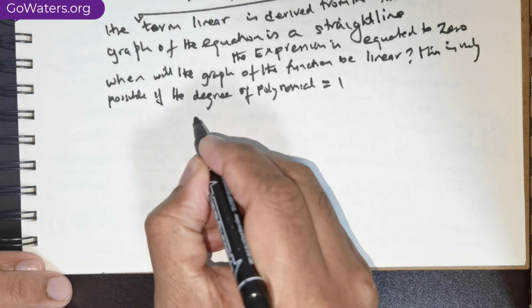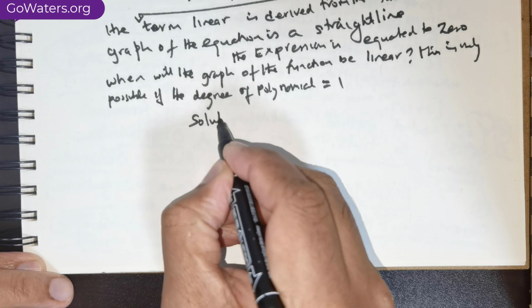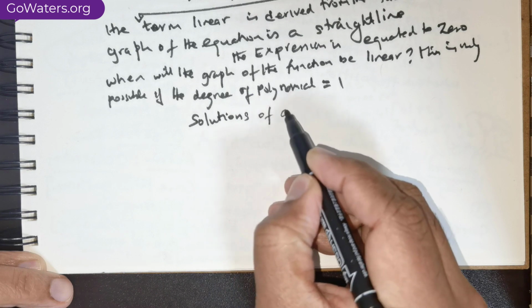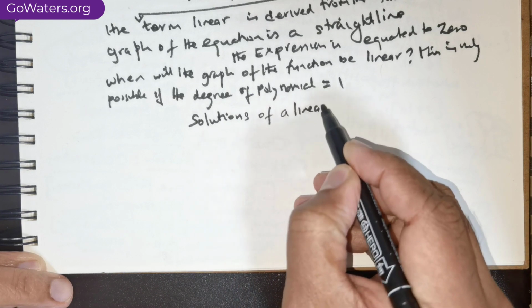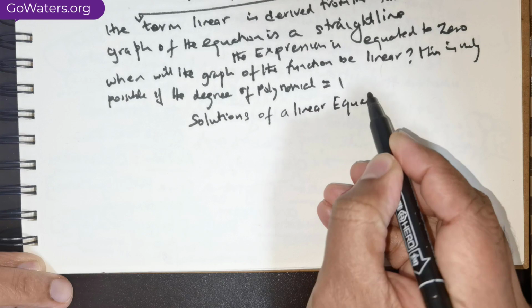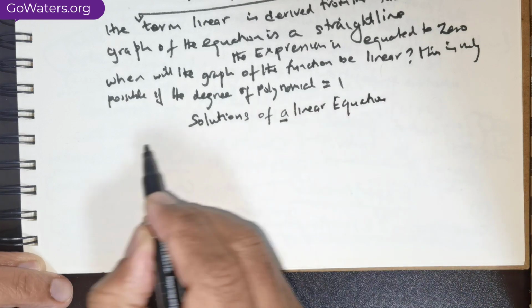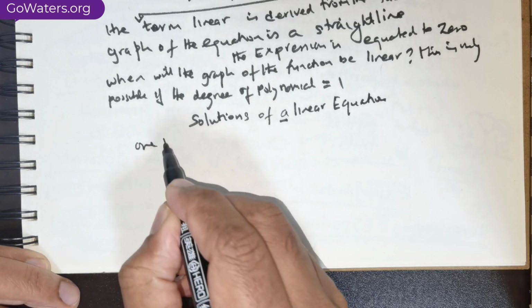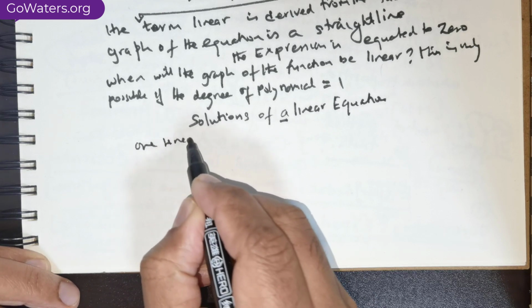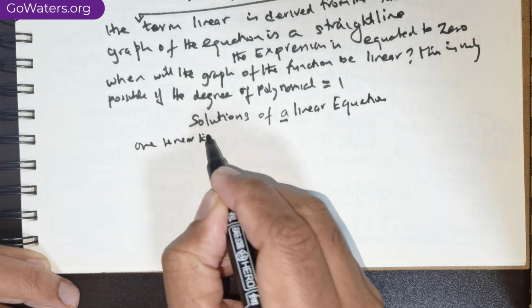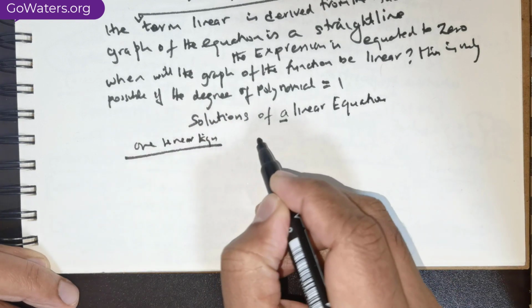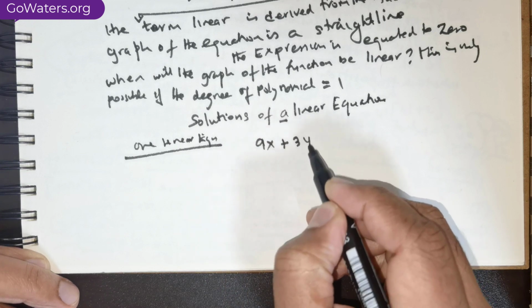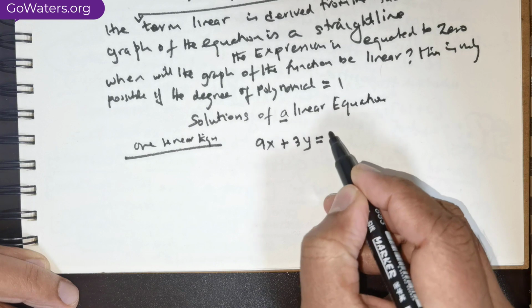So the next important concept you will have to know is with regard to the solution of a linear equation. Now when I mention this, I'm talking about one linear equation. Say for example, let me take this illustration. Say 9x + 3y = 21.